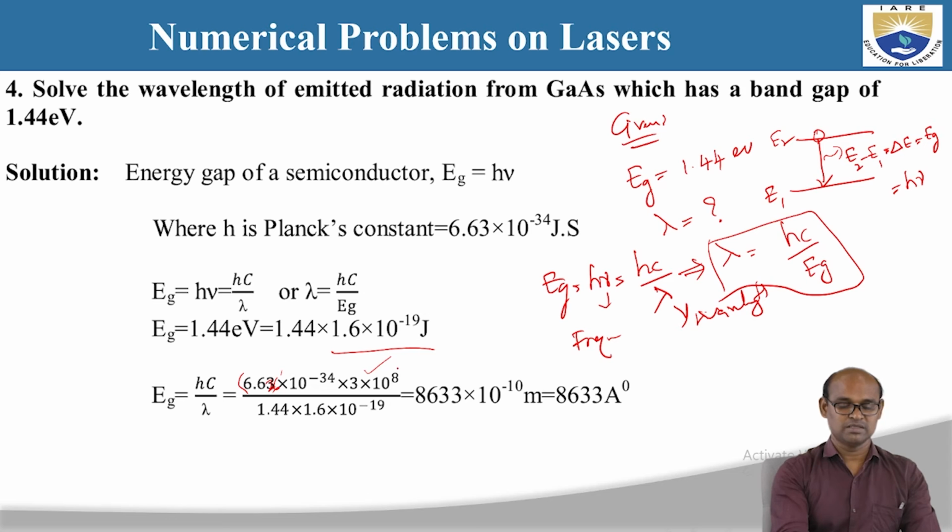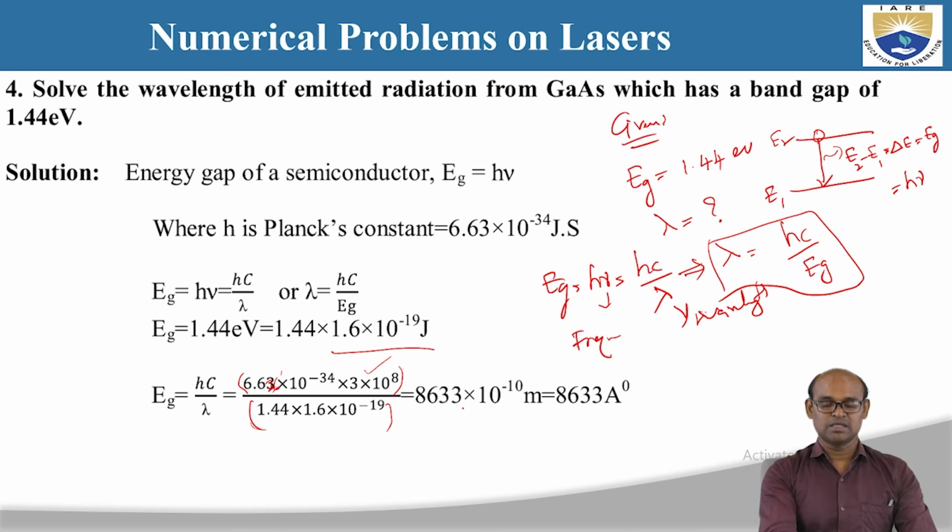Put the numerator inside a parenthesis, and the denominator is 1.44 into 1.6 into 10 power minus 19, since 1.44 electron volts are converted into joules. So you are going to get 8633 into 10 power minus 10 meters, or 8633 angstrom. This is the wavelength of the beam emitted by this gallium arsenide laser, which has a band gap of 1.44 electron volts.